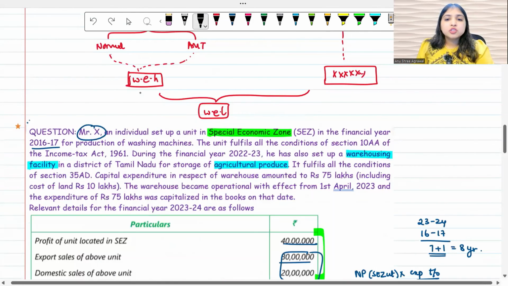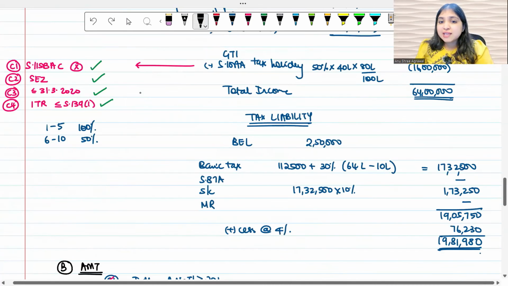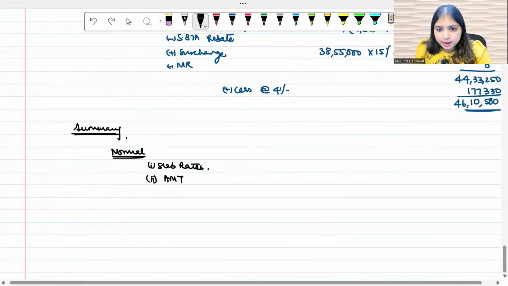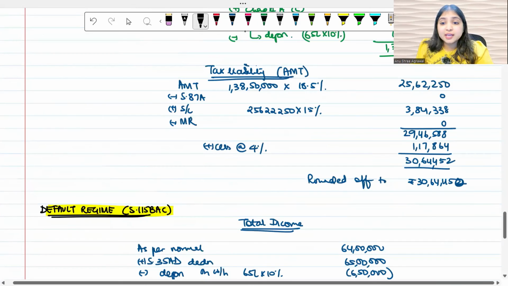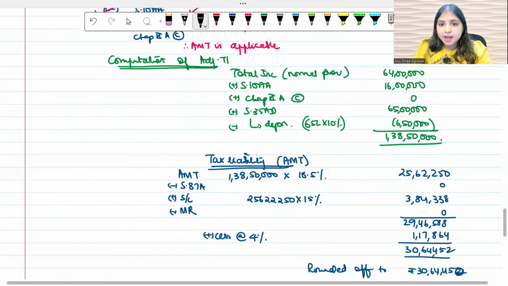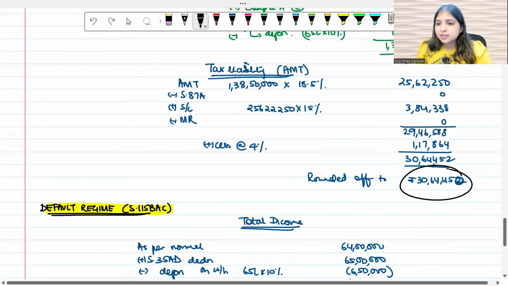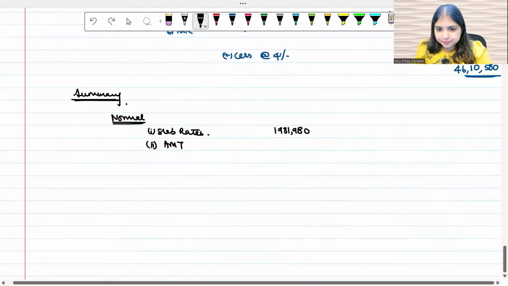All right. So what is a normal provisions slab rate tax liability? 19,81,980. What is the AMT liability? As per AMT, if you see, the liability was 30,64,450.